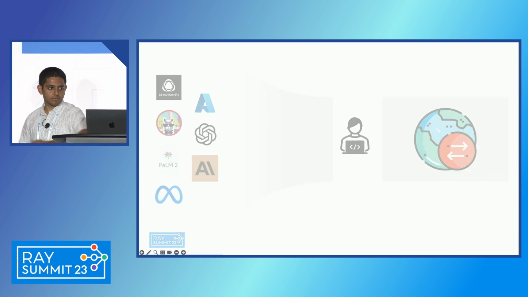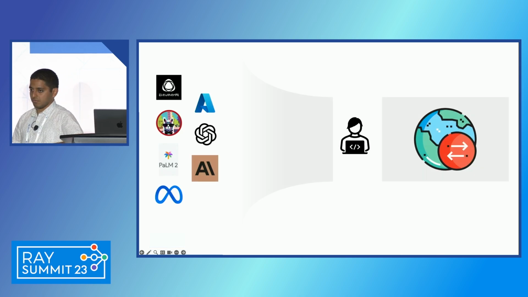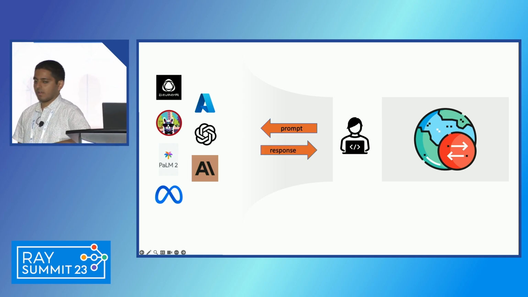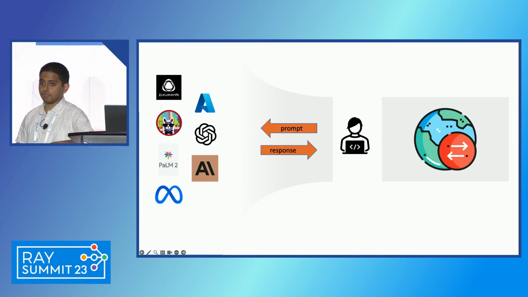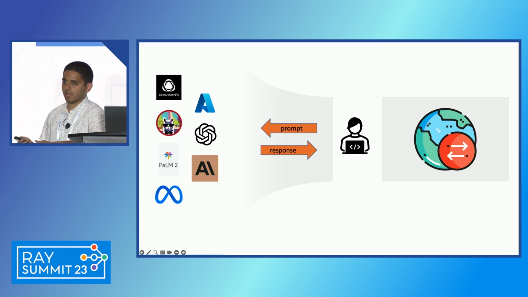So let's look at the state of the world today. When you need to use an LLM, you as a user are at the center of the task, where you might go ahead and use your chat completion API or just your UI and then talk to the LLM, right? So you prompt the LLM, it gives you a response, and then it's up to you to go and perform some action on the world and then see how the world responds, right? Fundamentally, you perform the action and then you get the response back.